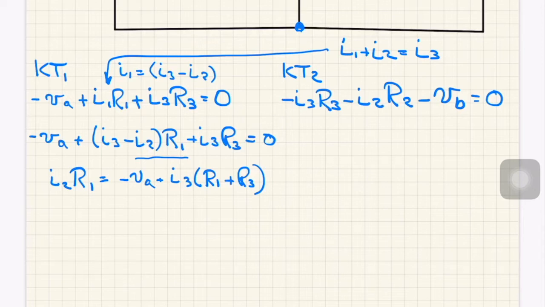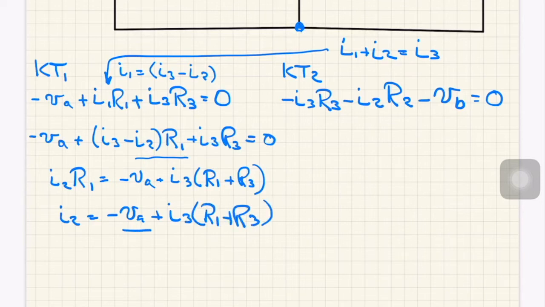That's all legal algebra. And again, please do as many steps as you need to get this clear in your own head. But now I can write I2 equals minus VA plus I3 times R1 plus R3, and then of course divided by that R1 term.